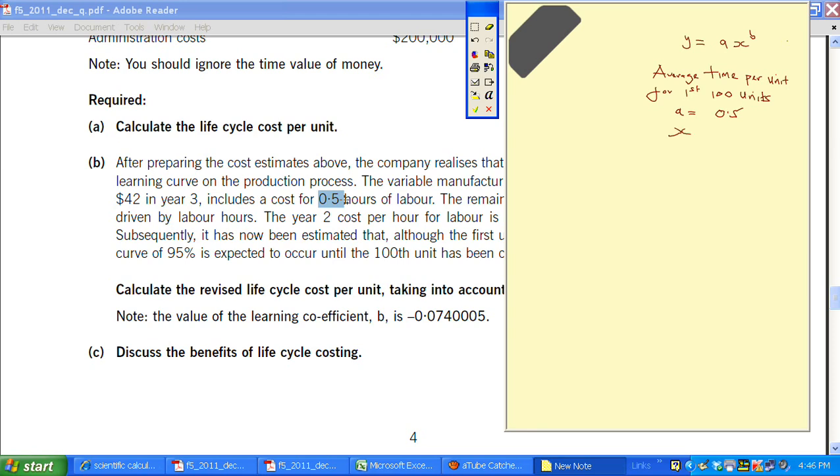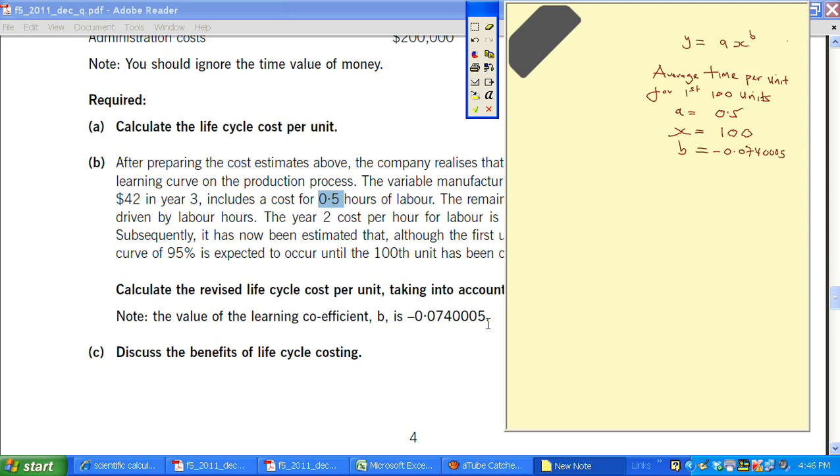X is the total number of units, which is 100. B has been given, it's right here, negative 0.074.